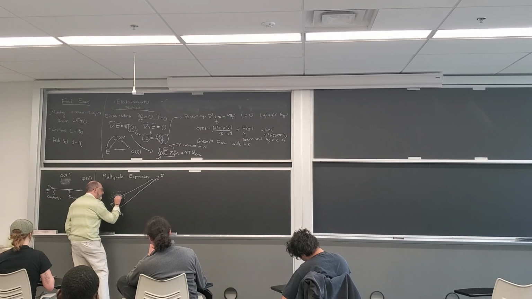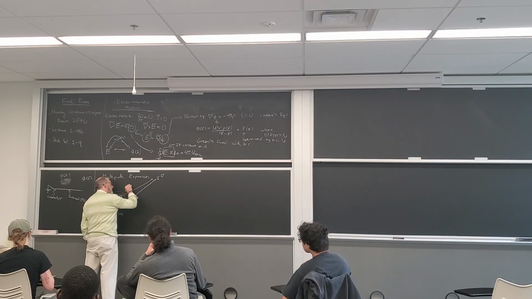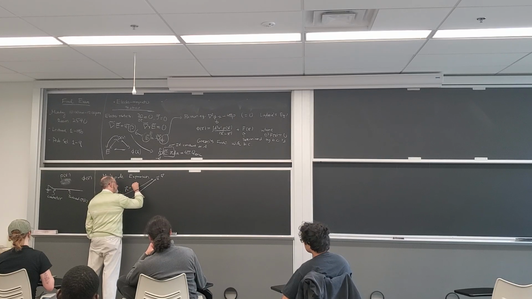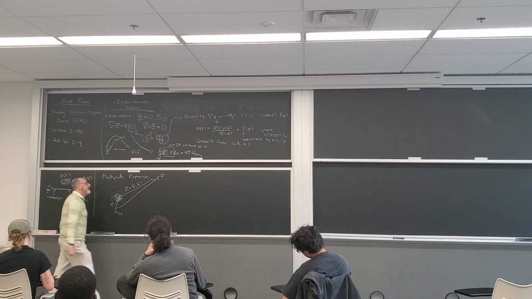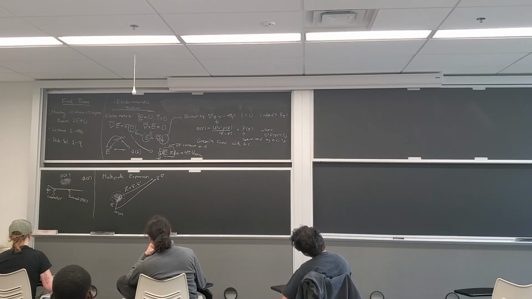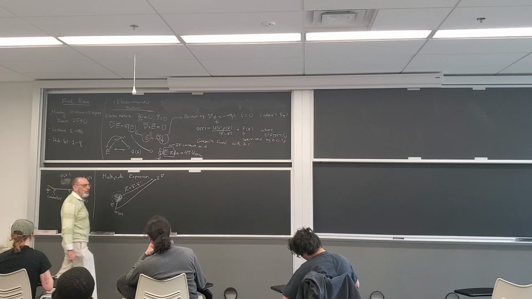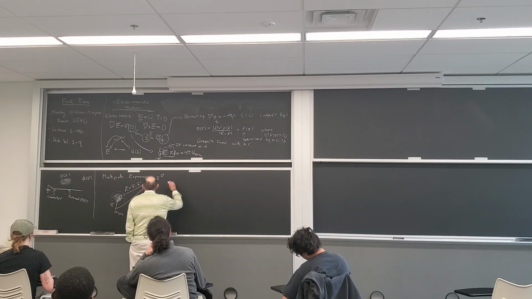We have the points of the charge, and then script r, which is the distance between the point of observation and the charge. And the multipole expansion was a situation where we're far away.